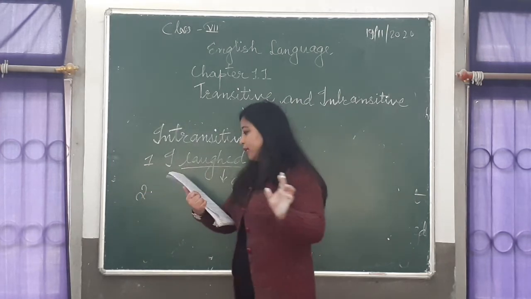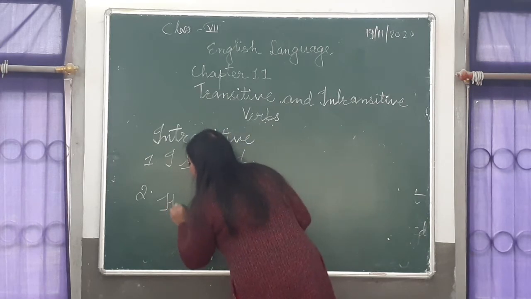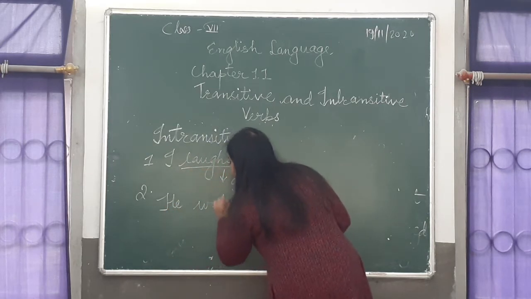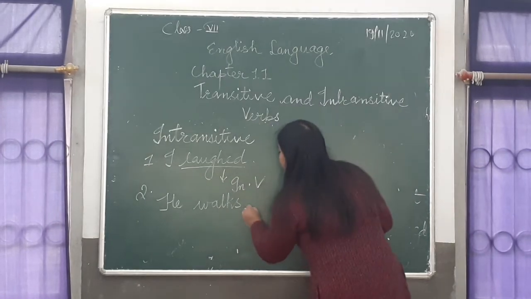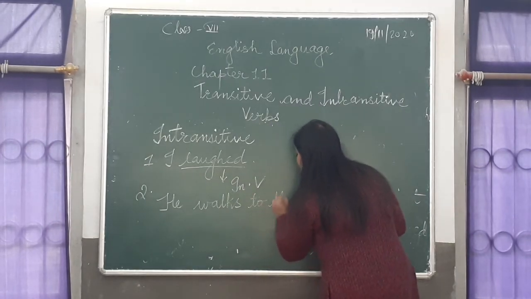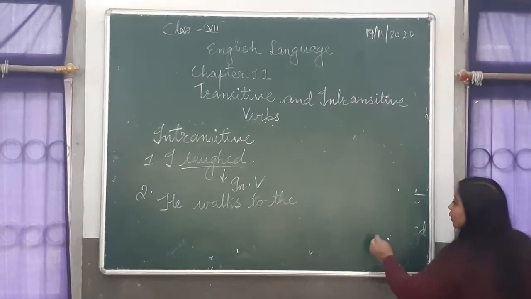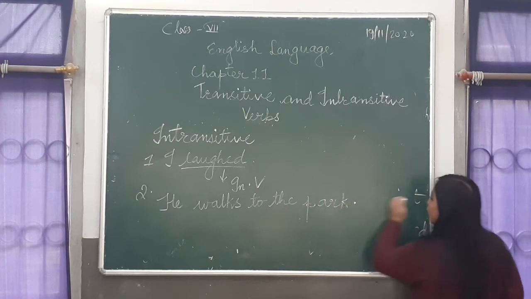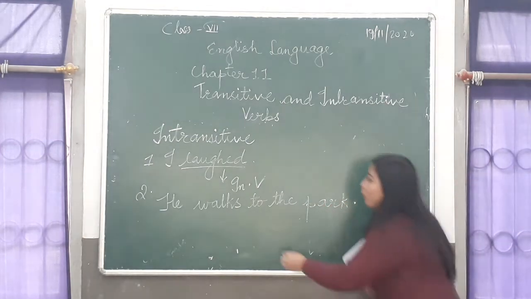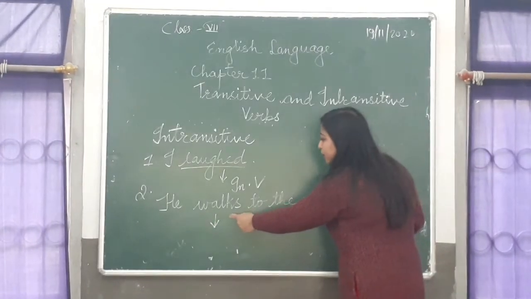See, this one is tricky. He walks to the park. Now see children, this one is tricky. If you see the sentence in a simple way, you will feel that walks is the verb, isn't it?